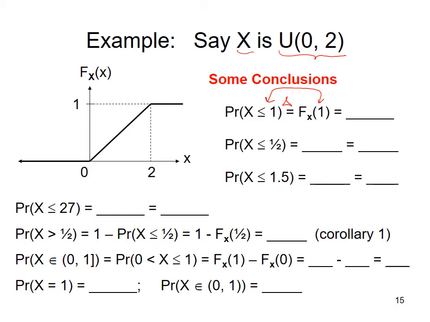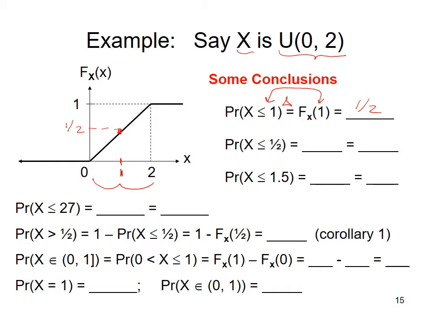So I need to read off the amplitude of this function at 1. And here you need to use your intuition: if I'm going halfway between 0 and 2 in order to get to 1, then I need to go halfway between 0 and 1 to get 1/2. So this height would be 1/2.